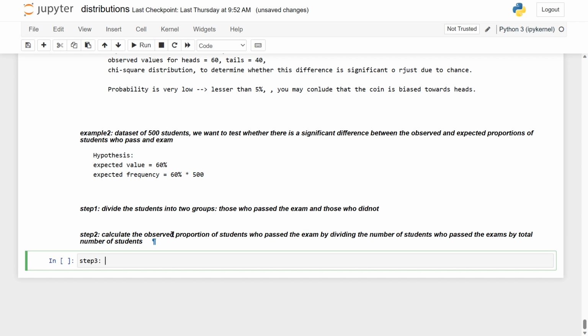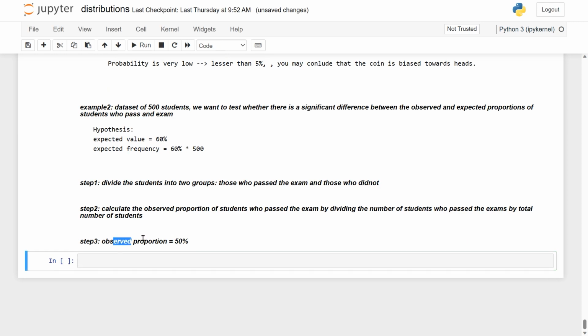The total number of students is this. So our observed proportion, let me check. If I take observed proportion of maybe 50 percentage, that's fine. Yep.